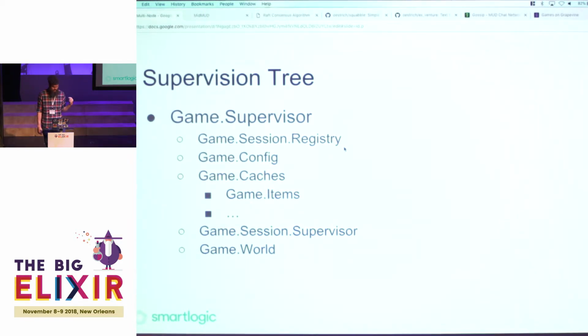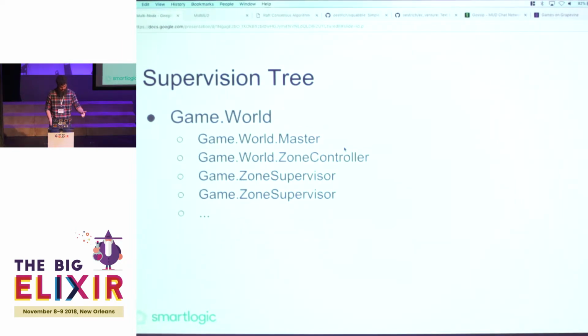It's sort of similar to the Elixir registry, but with some tweaks. Some game config, all the kinds of caches for items, skills, all kinds of stuff are just local caches. A session supervisor, which is where player sessions pop into, and then the game world. If we zoom into the game world, we'll see there's a world master and a zone controller, and then a bunch of zone supervisors that just get added for however many there might be.